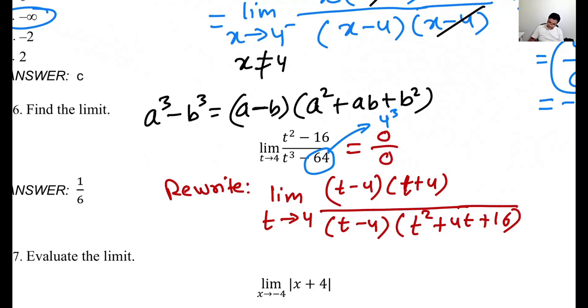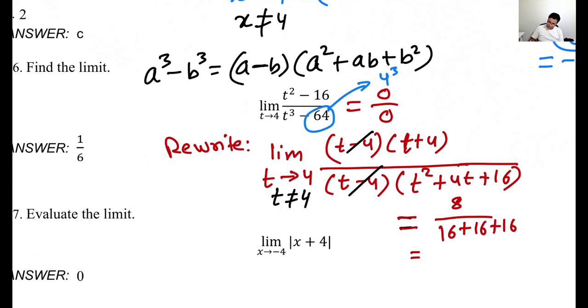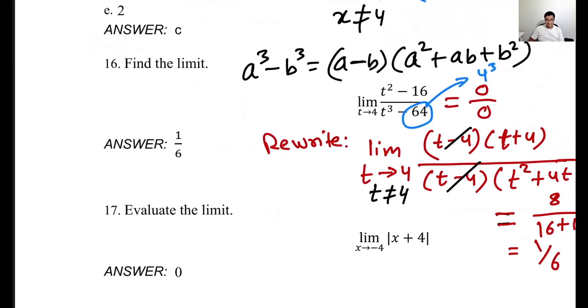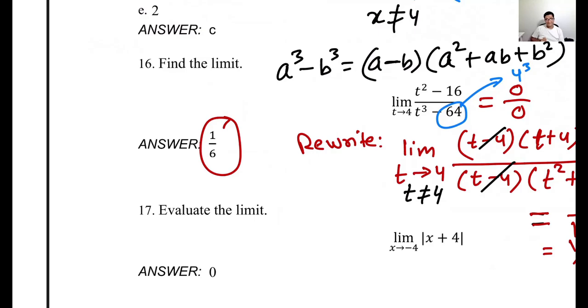And then you see that t minus 4 cancels, because t is approaching 4, t is not equal to 4. After the cancellation, you substitute t equal to 4. Now you get 8 divided by 16 plus 16 plus 16, which will be 48. So 8 divided by 48 is 1 over 6.